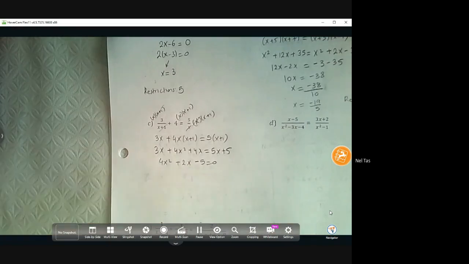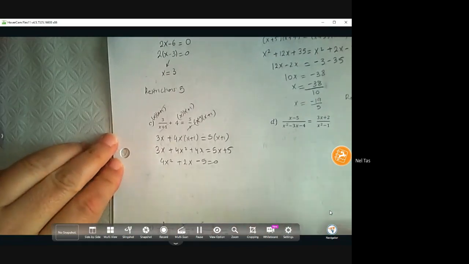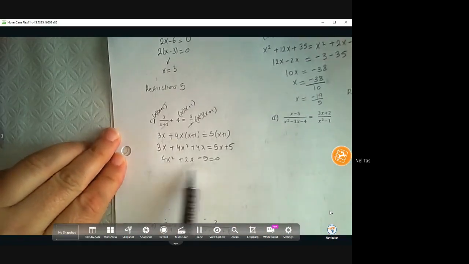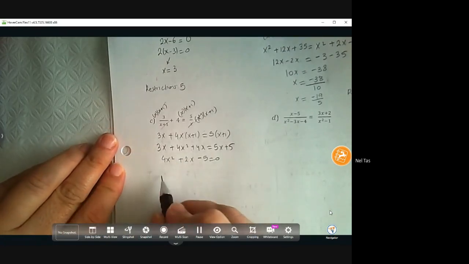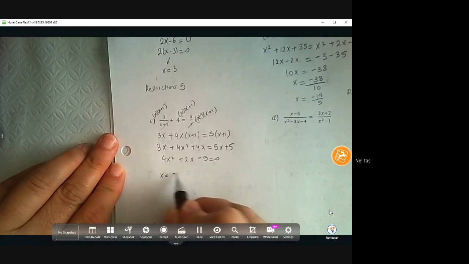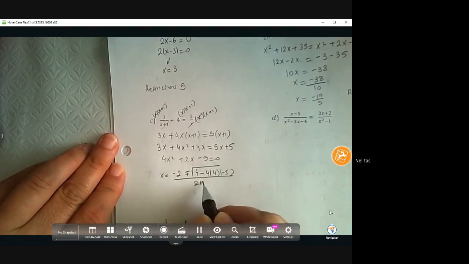Then you will try to factor this, but this is not factorable. If it is the case, and you have a quadratic expression, you can use the quadratic formula. x = (-b ± √(b² - 4ac))/2a.